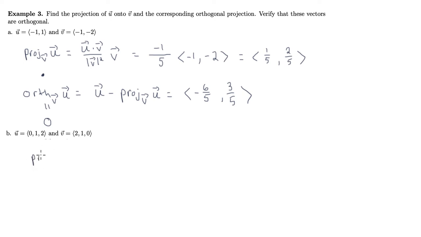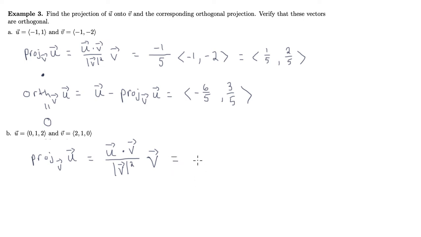So the projection onto v of the vector u is going to be the dot product divided by the length of v squared, then multiplied by the vector v, so multiply the scalar by the vector v.